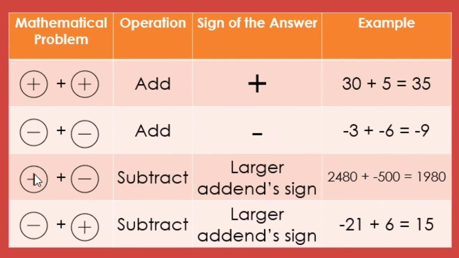And then we have different signs such as plus negative, subtract, and then we copy the larger addend sign, and this is our example. And if we have negative plus positive, we still subtract, but we copy the larger addend sign, and this is the example.